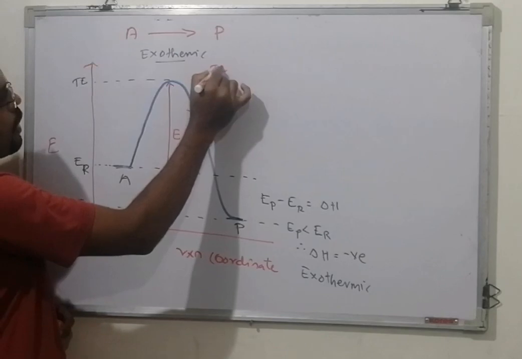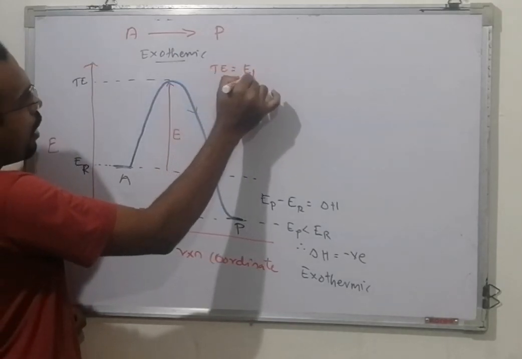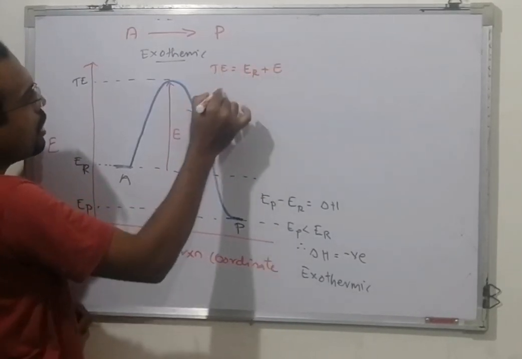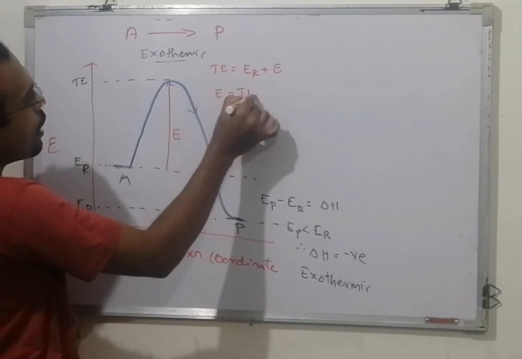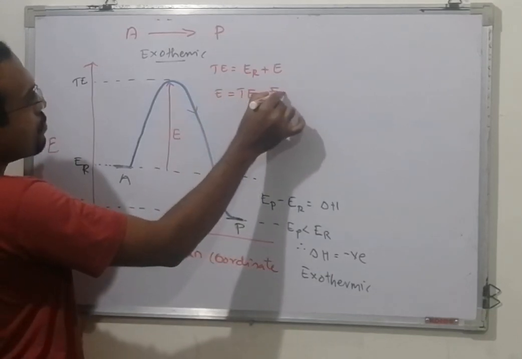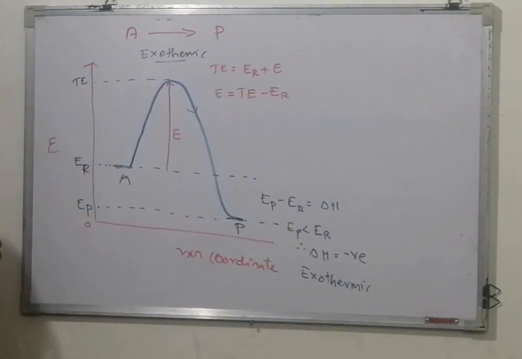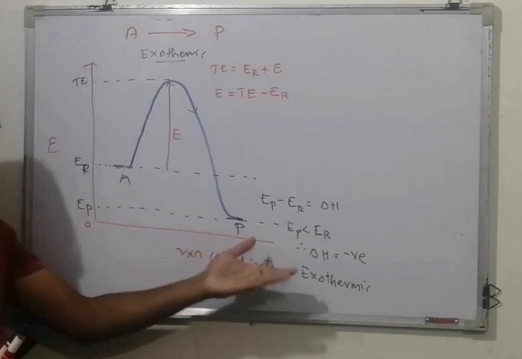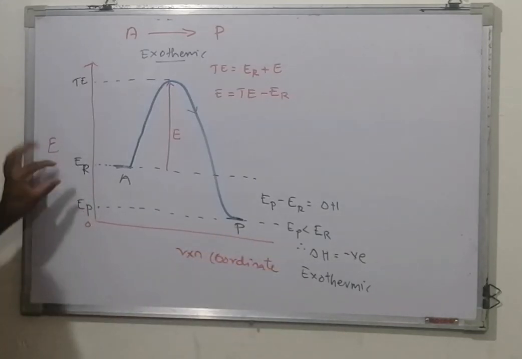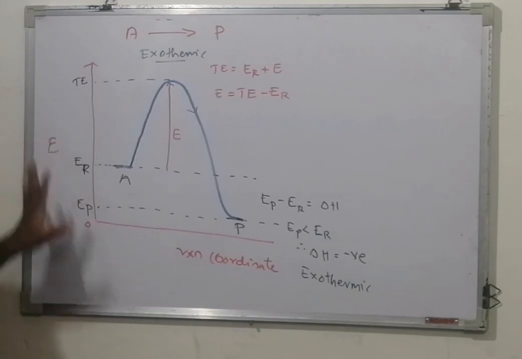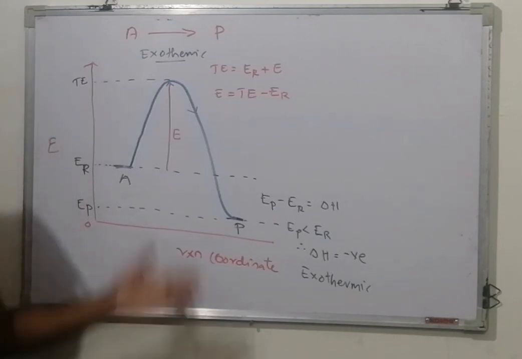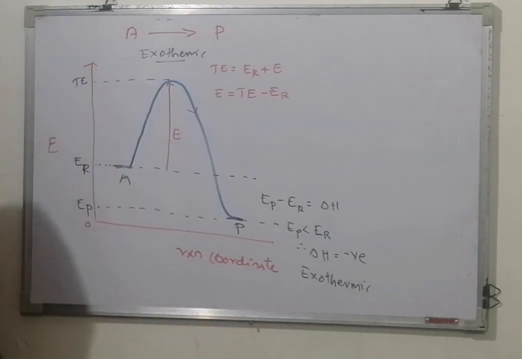Therefore, TE is equal to ER plus activation energy, or activation energy is equal to TE minus ER. And if you remember, delta H of the reaction is EP minus ER, and it will be negative for an exothermic reaction.